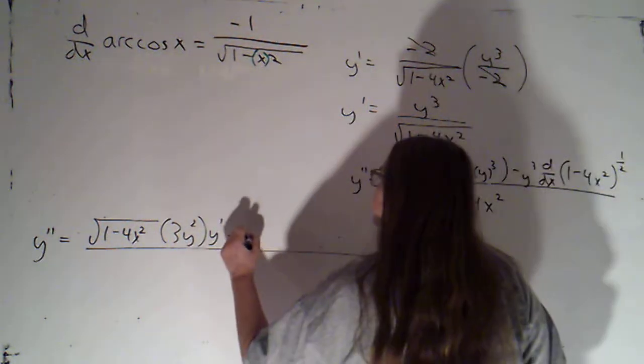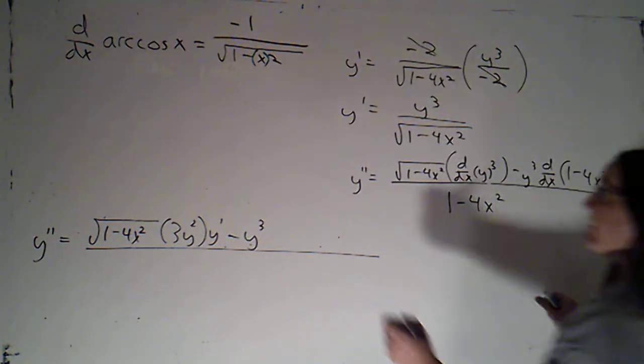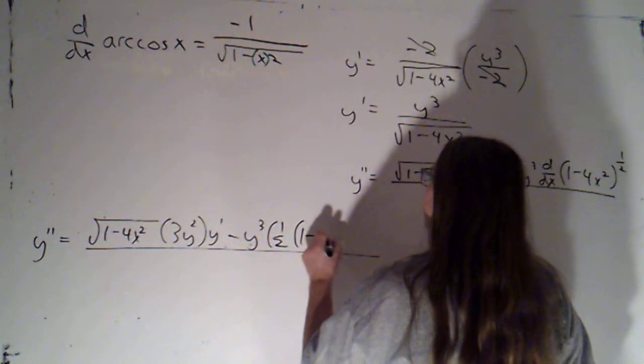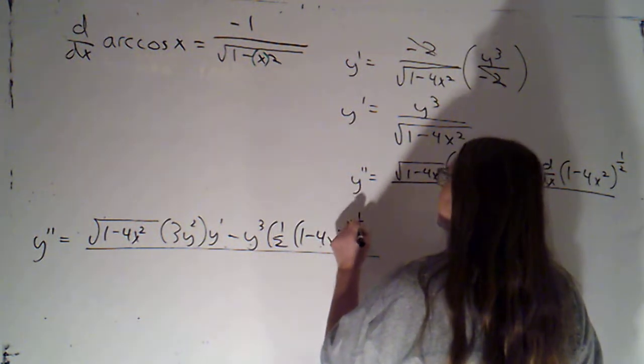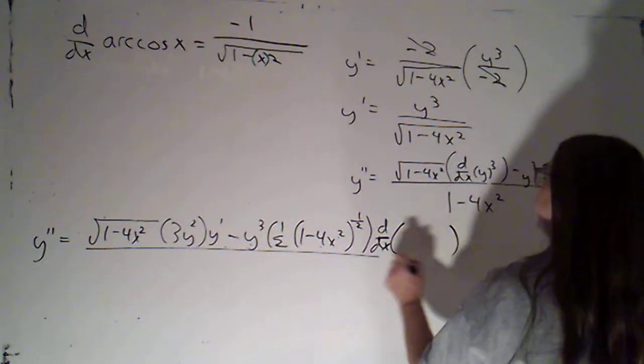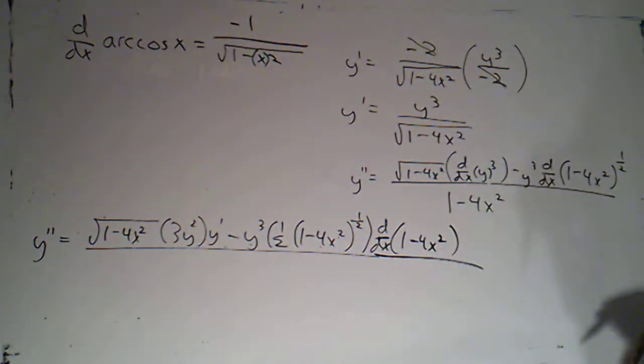Minus y cubed. The derivative here, this is a chain rule, so we'll have 1/2 times 1 minus 4x squared to the negative 1/2 times the derivative of that inside part, which was 1 minus 4x squared.